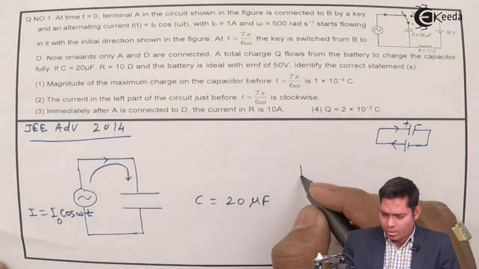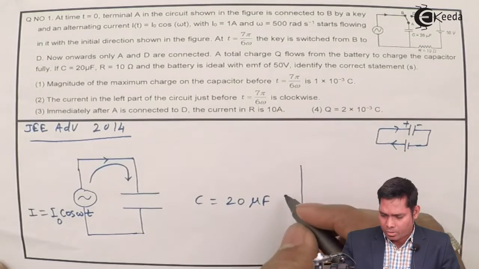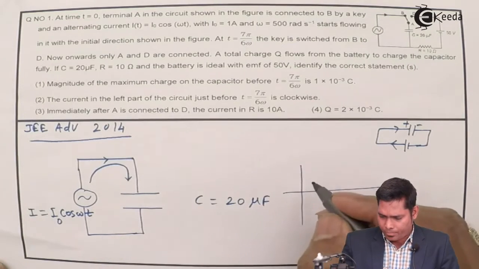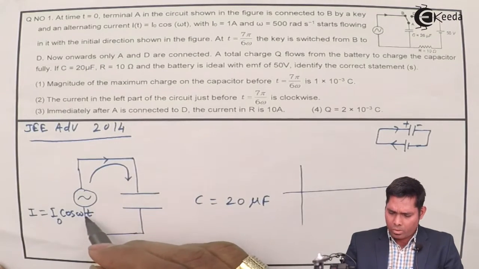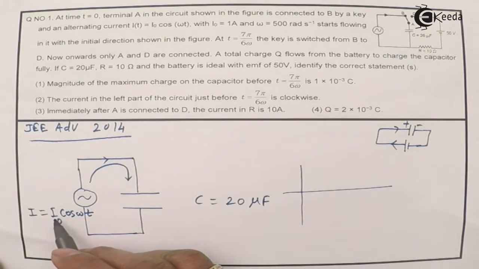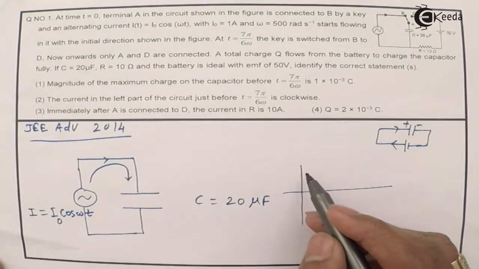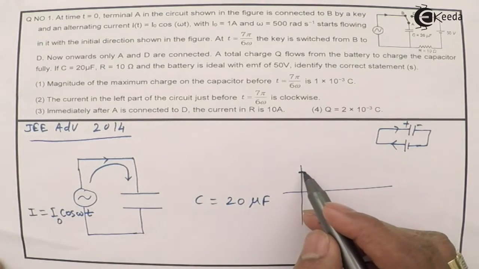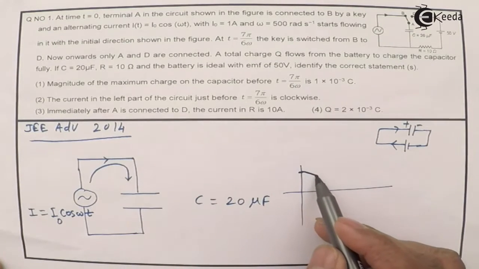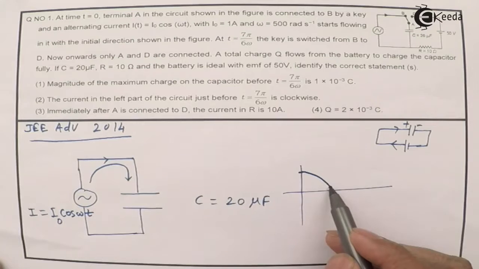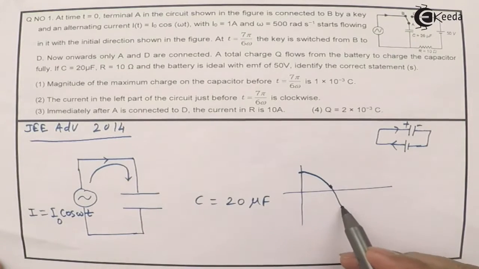You can see that initially at time t equals 0, the current is maximum. I naught is the maximum current and it will gradually decrease. It will follow this cosine curve.